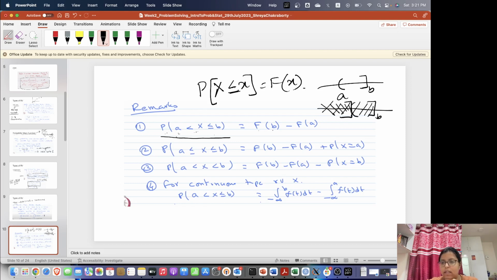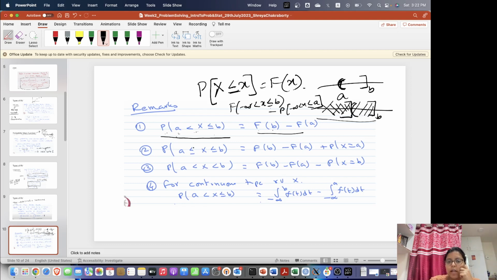So this section would be this entire region from minus infinity to B, minus probability minus infinity less than or equal to A, because this is an open interval at A. So that A point probability will also go out.